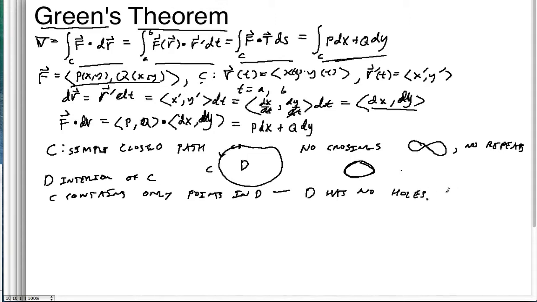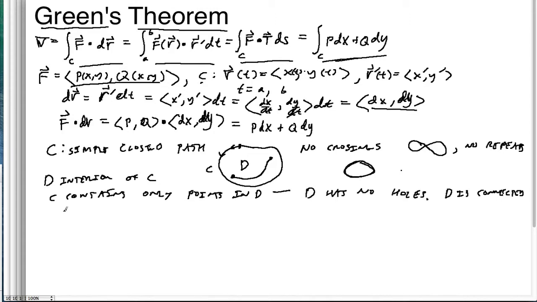We also say that D is connected. So it's just one piece. And by connected we mean any two points inside the interior, we can always find a smooth path that's all in D that can connect the two. All right, so those are some of the little things we need to write down.